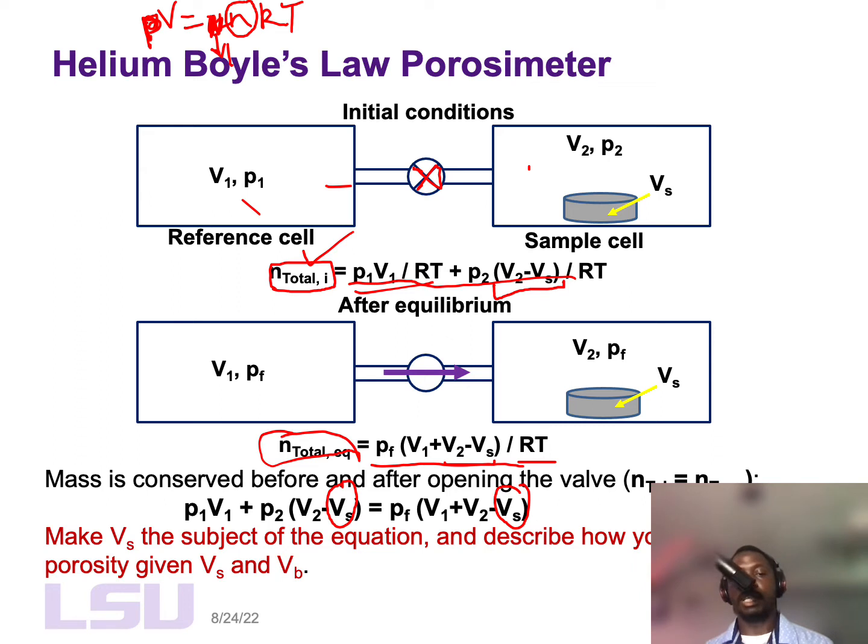That gives you Vs, given all these other values which we know from the dimensions of the system and from the pressures at initial conditions which we can read from the pressure gauges. So if you get Vs, the question for you is, can you describe how you will calculate porosity given Vs and Vb? You can pause this video here and see if you can come up with that.